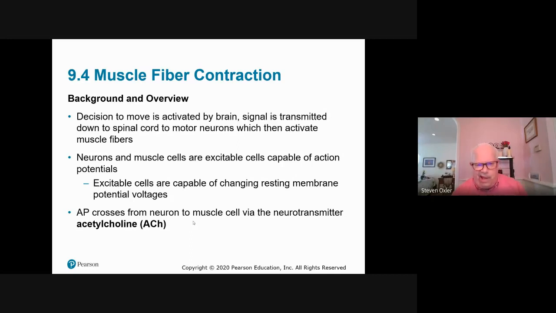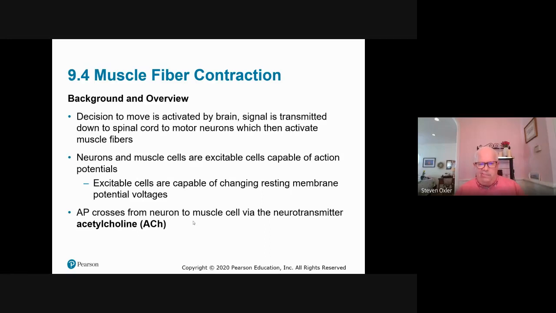The action potential crosses from the neuron to the muscle cell via a neurotransmitter. Remember, we talked about chemical synapses. You have an electrical stimulus from the neuron giving you a neurotransmitter called acetylcholine in this case, which is now activating the muscle cell.